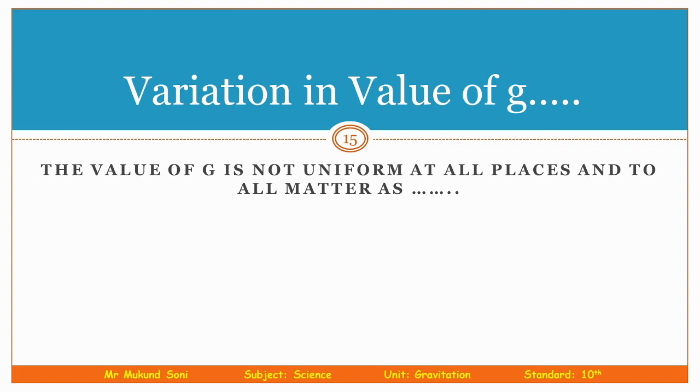Even if we take a constant value of the mass and a constant value for the radius of the planet, why isn't it uniform? Why is it different? Reason: first, as I said, it depends directly upon the mass. So say mass is 10 kg or mass is 20 kg, then gravity will be... it is just an example, it's not the perfect one.